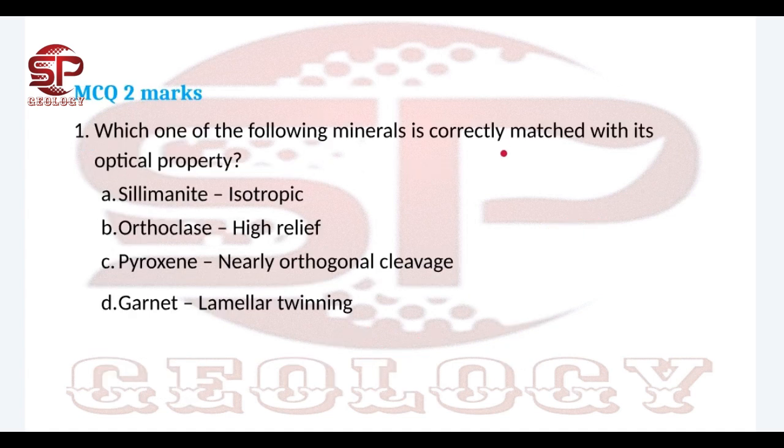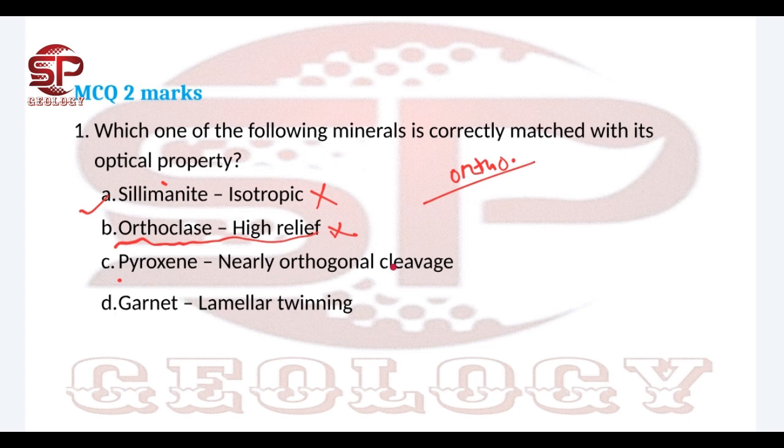Which one of the following minerals is correctly matched with its optical property? The first, sillimanite, belongs to the orthorhombic system, so that's why it is anisotropic. So this will be incorrect. Then orthoclase is a mineral having low relief, so it is incorrect.